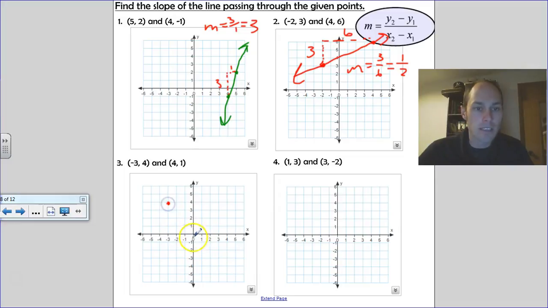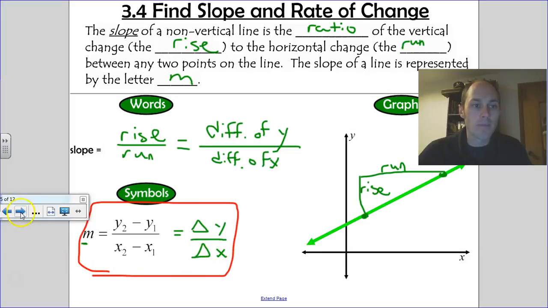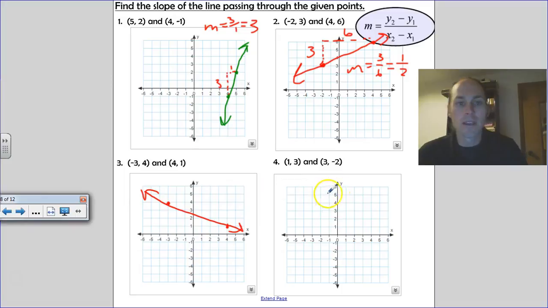Another way that you can find slope, we talked about using the symbols. Remember, if we refer back to that formula, think the difference of the y and the difference of the x, divide the two, and then reduce. Then you got slope. So if I want to look at it visually, I can find the rise over run.